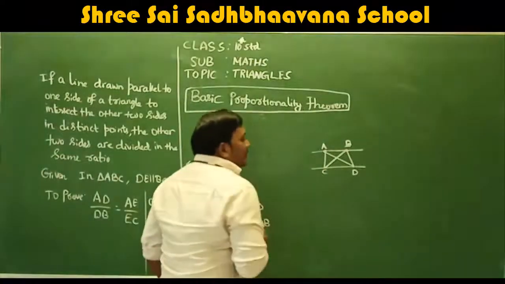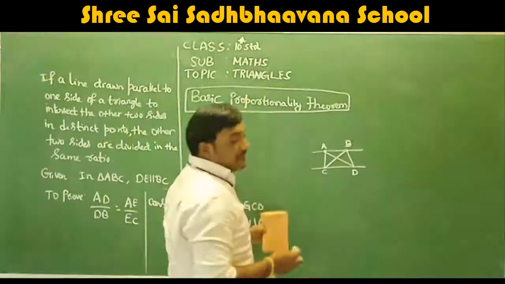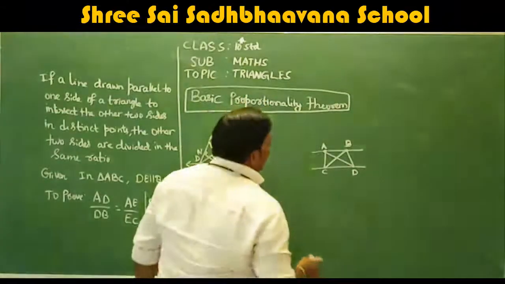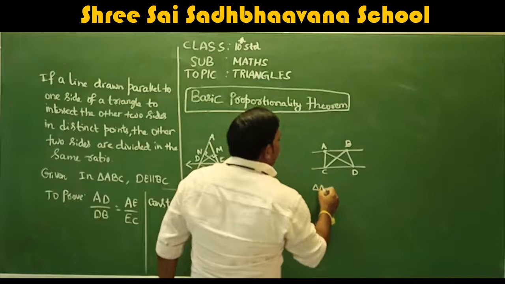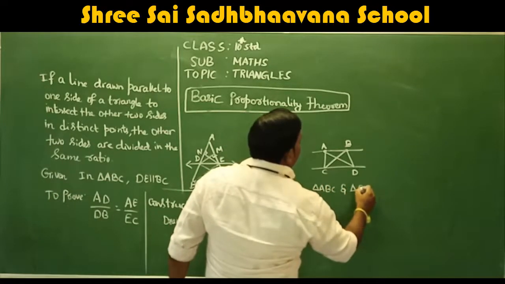So here these two triangles are between two parallel lines. What are the triangles formed here?